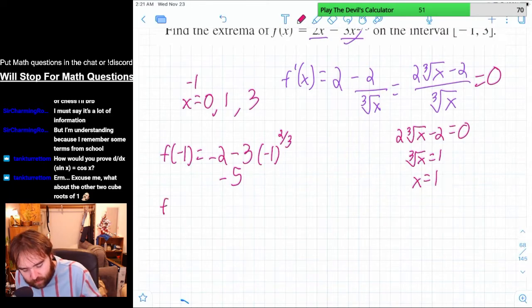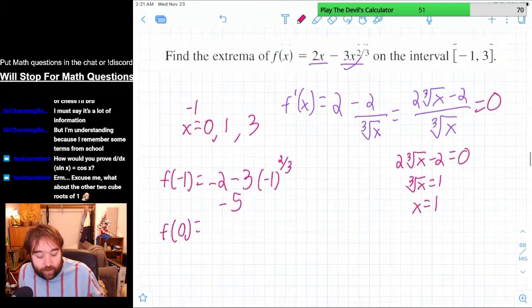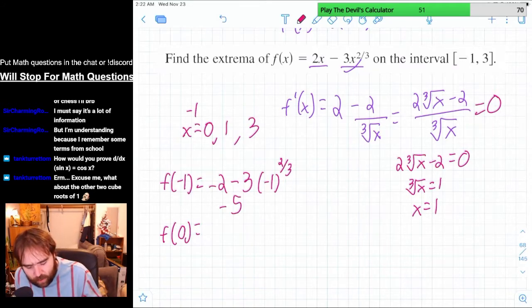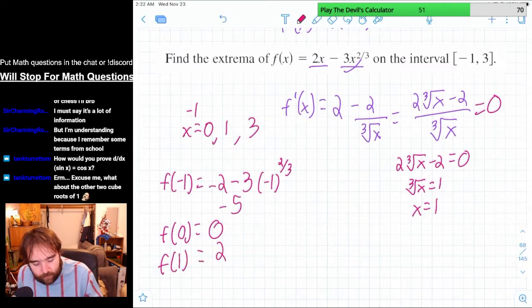Okay. 0. So sometimes when you get a derivative as undefined, a lot of the times you'll also get that the function is undefined. But that's not what happens in this case. You plug in 0, because you can do the cube root of 0, it's just 0. So you plug in 0, you just get 0. F of 1, you plug in 1, it's similar to before, but it's a positive 2.